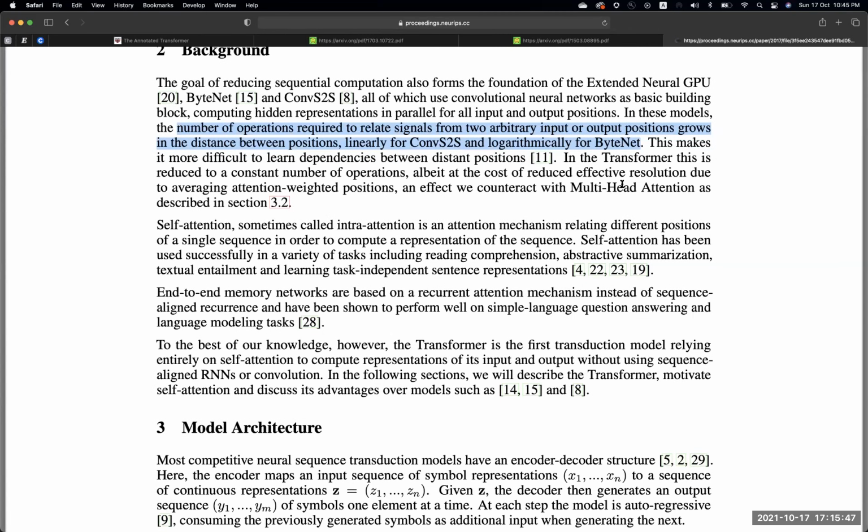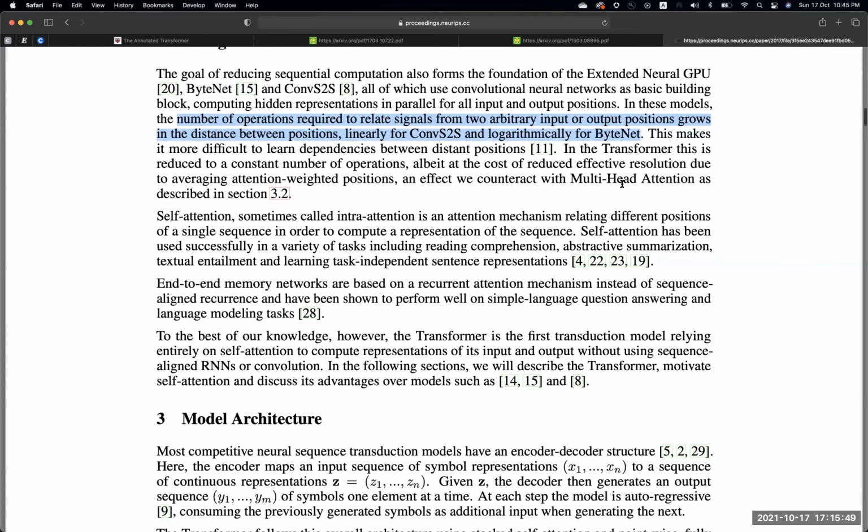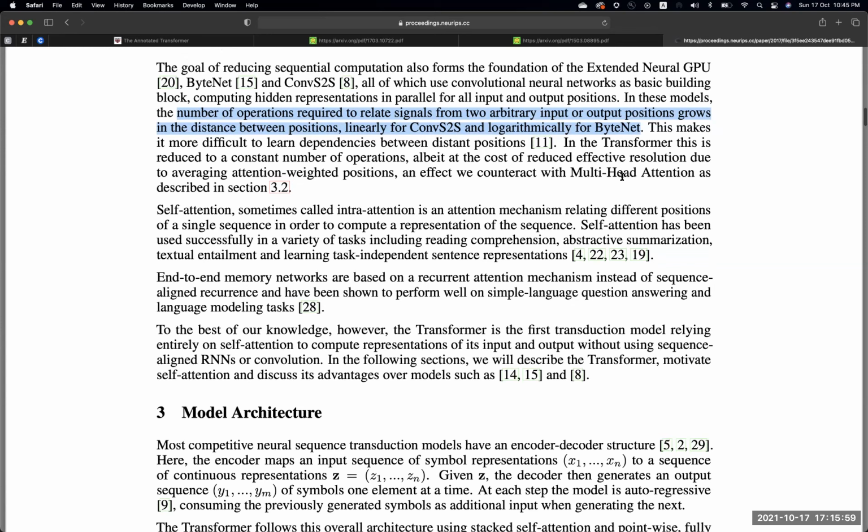I think the problem with the Conv architecture, at least from what I understood, is that they are good in parallel, but the basic problem is they lose the positional information. Because if you try to incorporate that, then you will have a linearity cost.